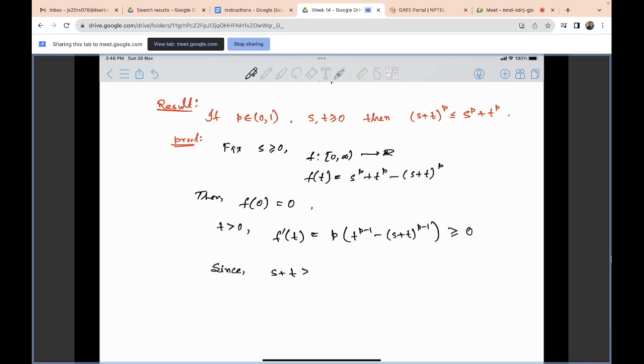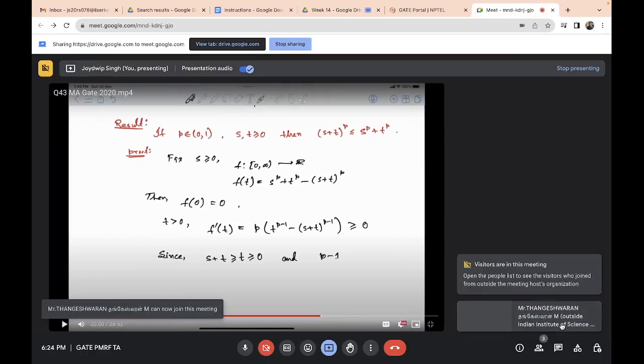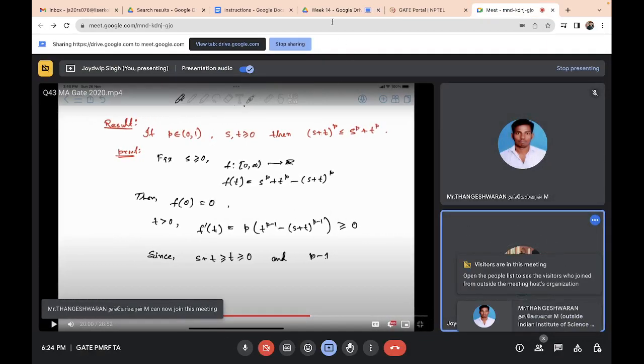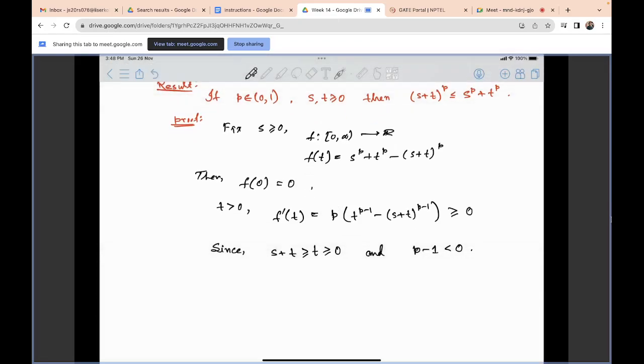And this can be easily shown to be bigger than 0, since s plus t is bigger than t, which is greater than 0, and as p is between 0 and 1, p minus 1 is strictly less than 0. So we have shown f(0) equals 0 and f dash t is bigger than or equal to 0, which means f is monotonically increasing and f(0) is 0.